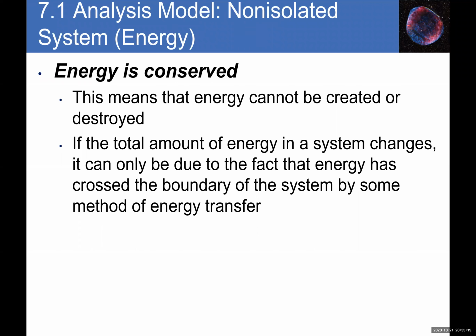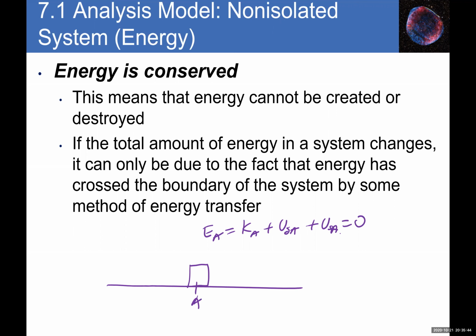That means if the total amount of energy in a system changes, it can only be due to energy having crossed the boundary of the system by some method of energy transfer. For example, you have a box at point A. You look at the box and you have kinetic energy plus gravitational potential energy plus spring potential energy at point A. Let's say I calculate this to be 0, so the energy here is 0.